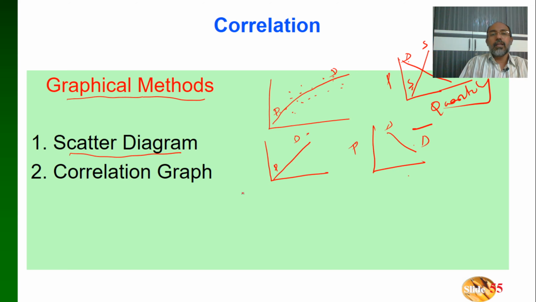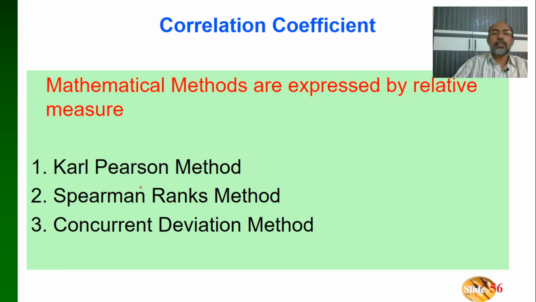With regard to correlation, we can draw using the graphical method as well as the correlation graph method. Next is the mathematical expressions or mathematical methods, where you can calculate by a relative measure. Relative measure means coefficient.